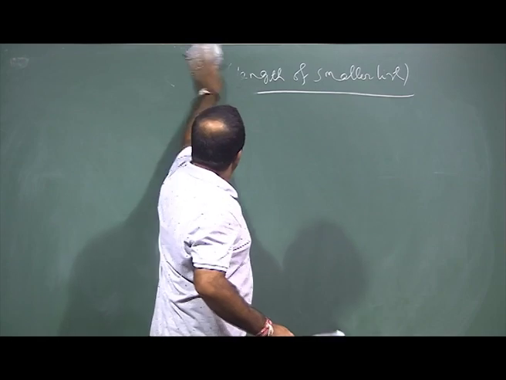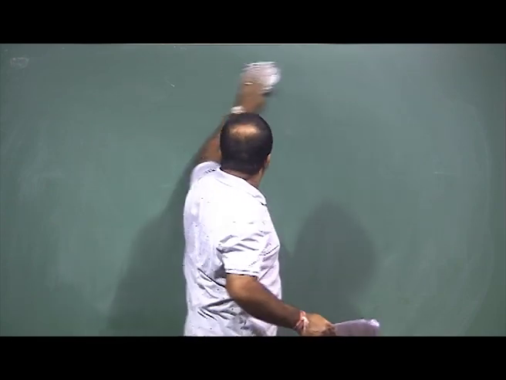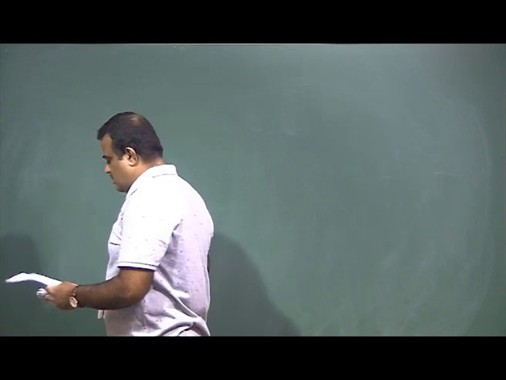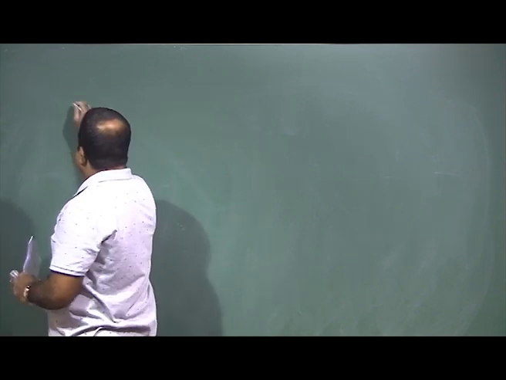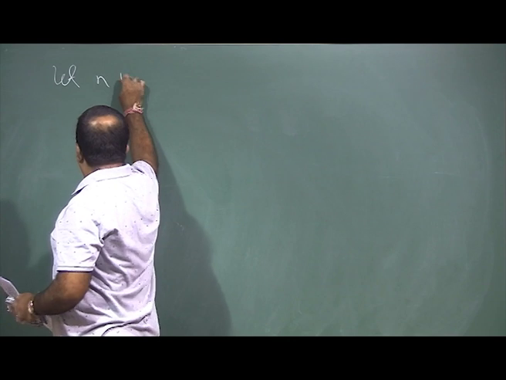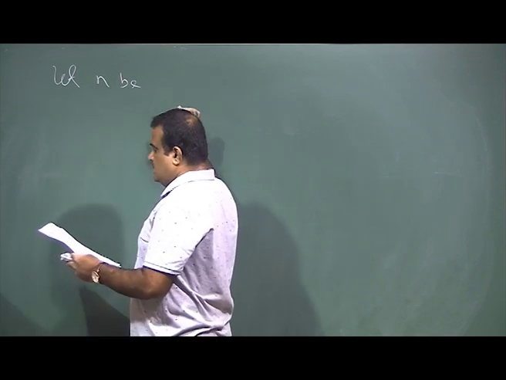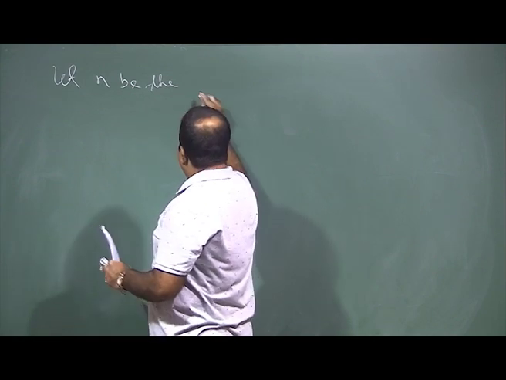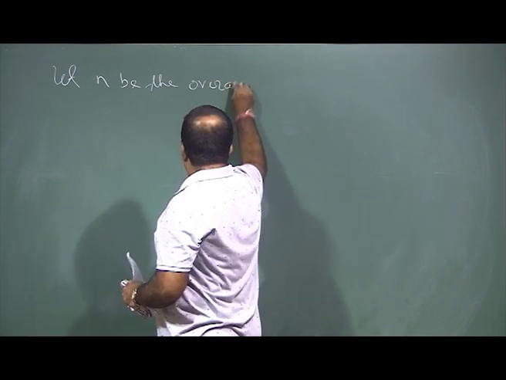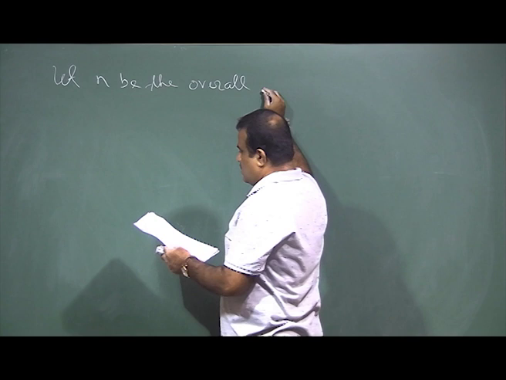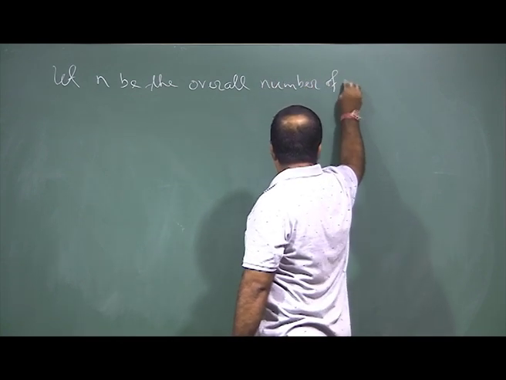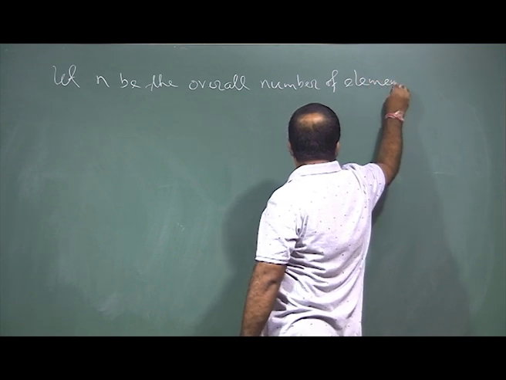This is without amortized analysis; now we have to do the amortized analysis. So, for that let us denote some notation. Let n be the overall number of elements, the total number of elements.